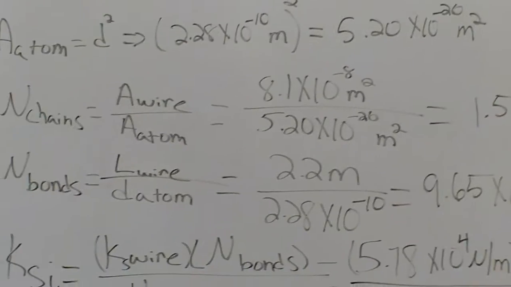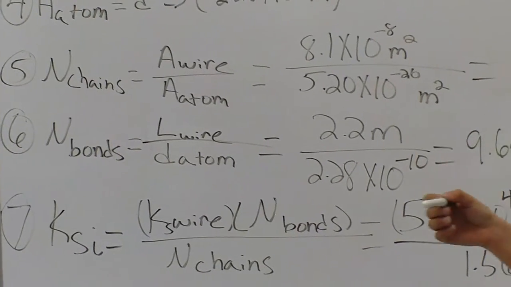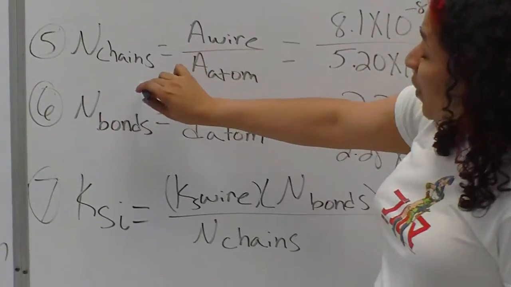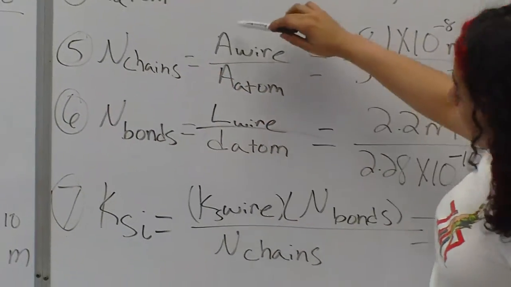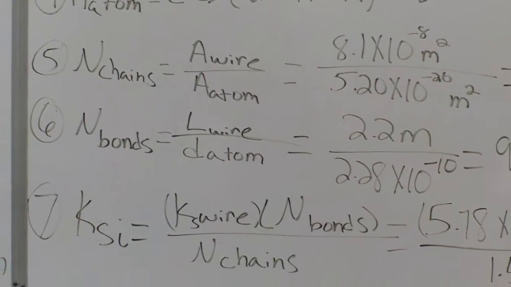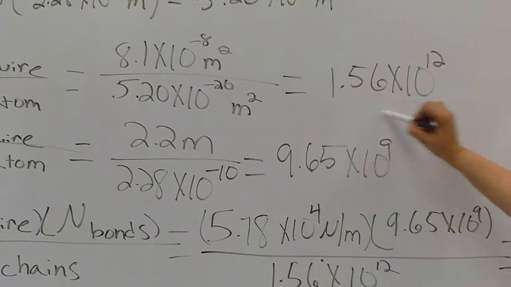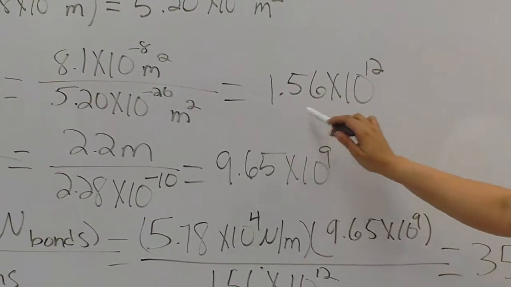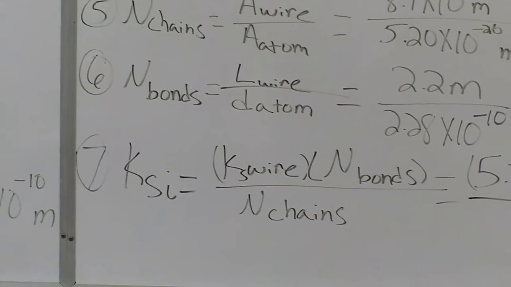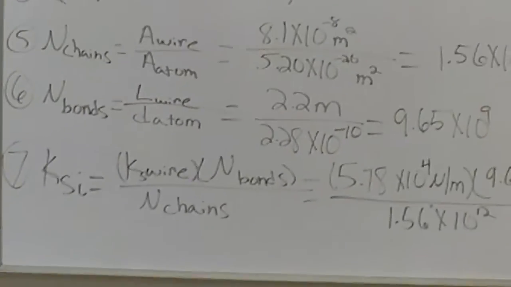From there, we have to find the number of chains of atoms altogether. You can find the number of chains by dividing the area of the wire by the area of an atom. You have your two amounts that you just got, and for the number of chains, you get 1.56 times 10 to the 12. Now you need to find the number of bonds on that chain.